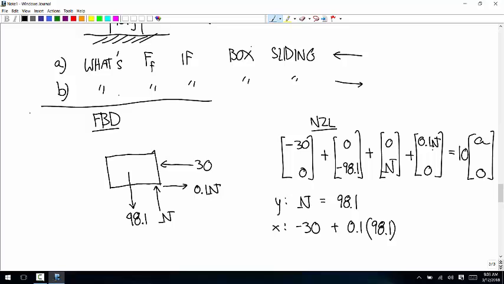That N is for the normal force. Anytime I draw the N with the fancy flourishes, that means normal force. So it's 0.1 times, in step 1 we calculated that the normal force is 98.1, and then we plugged it into the x equation.